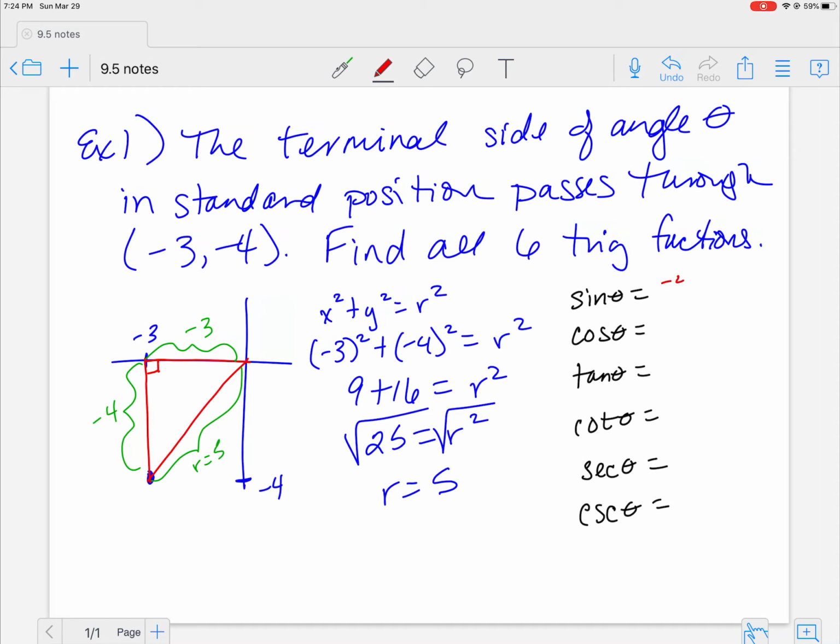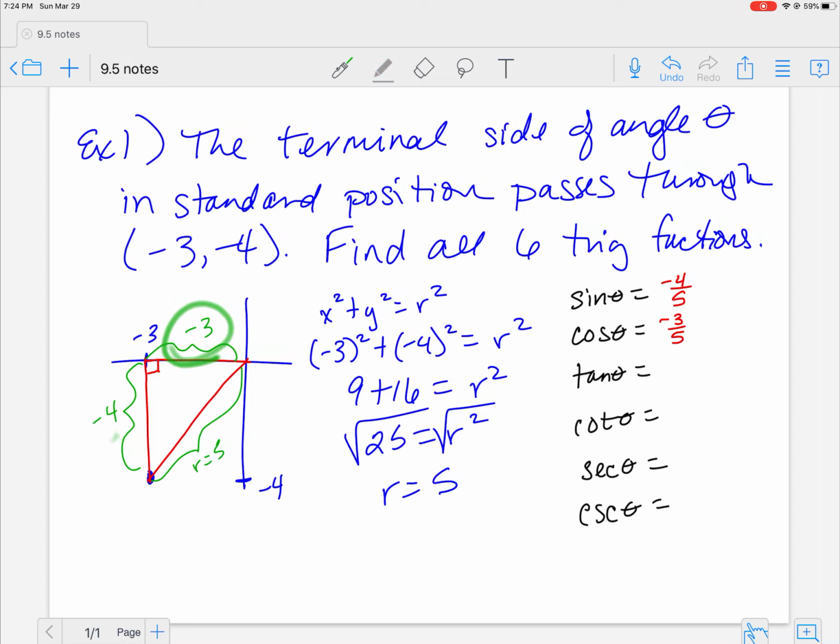So sine, we know, is y over r. I have my y value, which is still negative, over my r value, which is 5. So this is negative 4/5. Do you see that? It's just the y's over the r's.